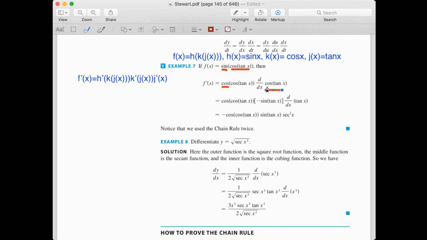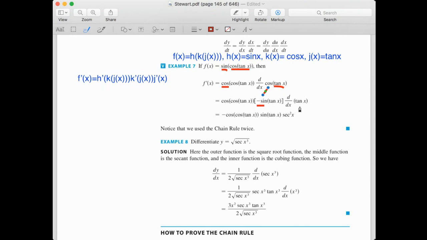What's the derivative of cosine? Derivative of cosine is a negative sine, and do not change its angle. Cosine angle is tangent x. Just change cosine to negative sine. Keep its angle. Then we have to take a derivative of inside tangent x.